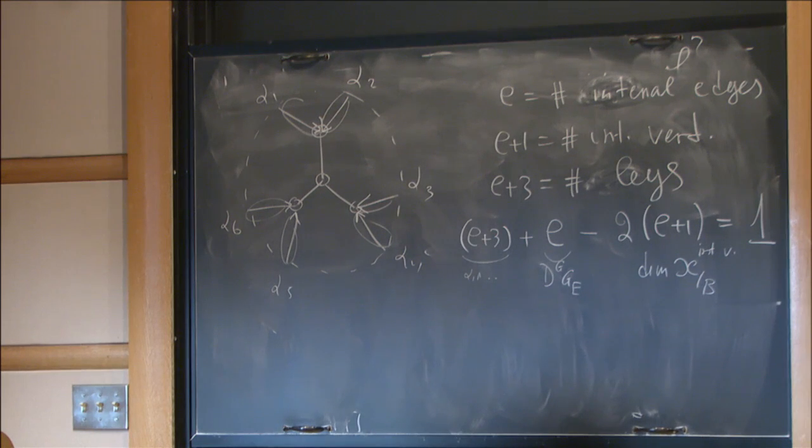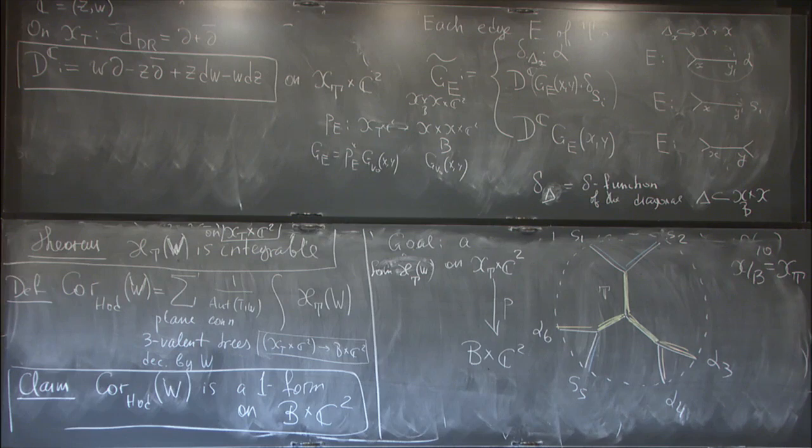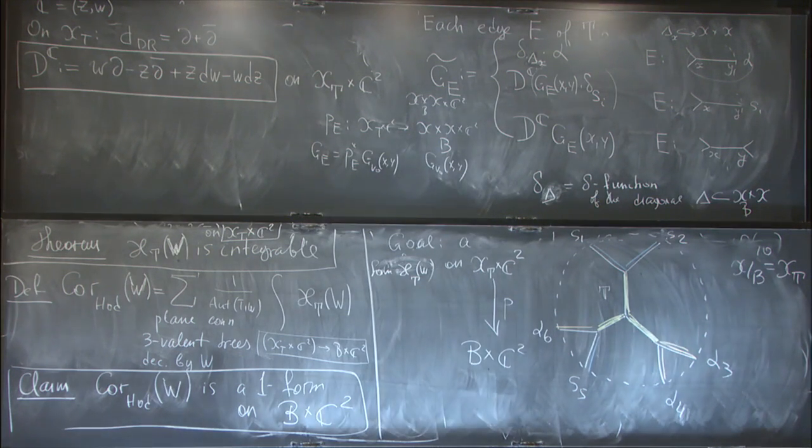Is it okay, or did you not follow? Let's do it again. What's the integrand? The integrand has a contribution from alphas, and we have as many of them as the number of legs. This is E plus 3. But you've done some integration already. I would have thought it was 3E plus 3.